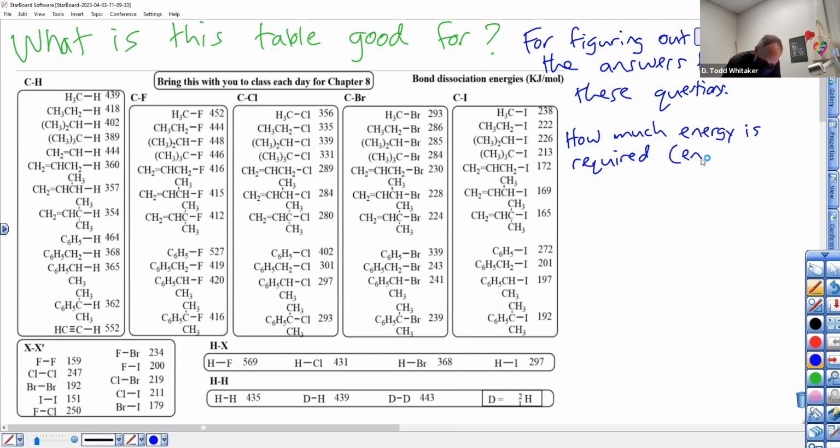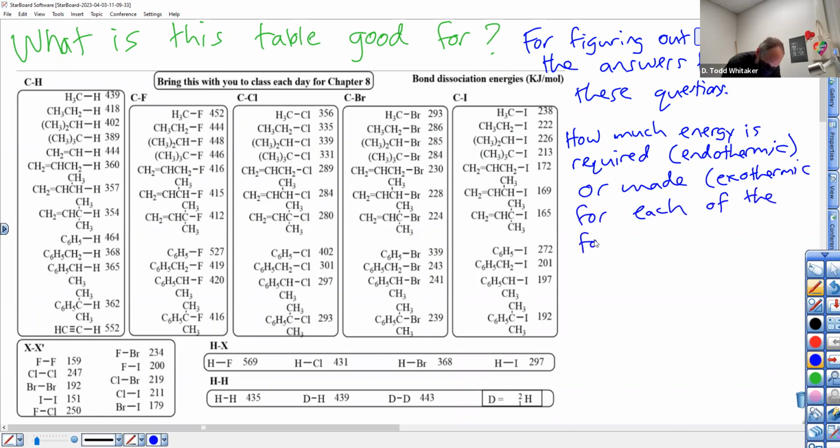That's endothermic. Or made, that's exothermic, for each of the following reactions. Here it is. Here's one. Here is one.